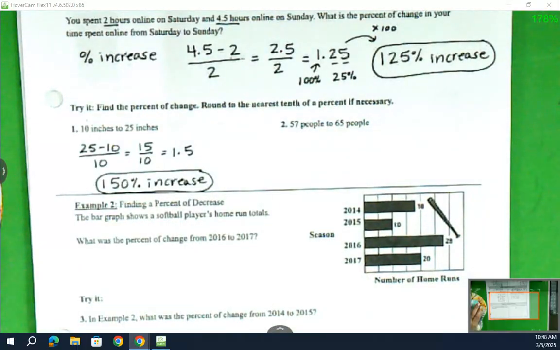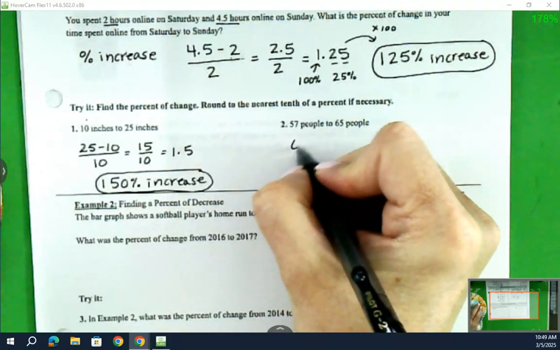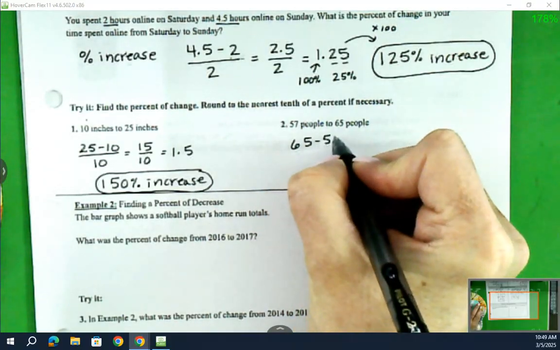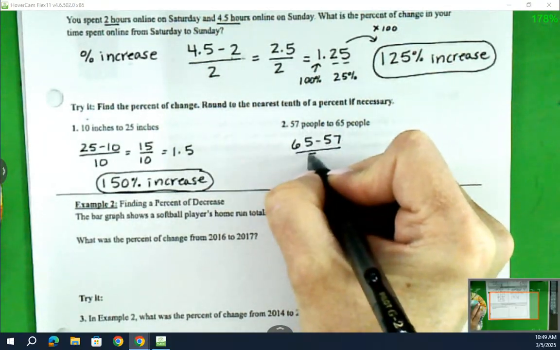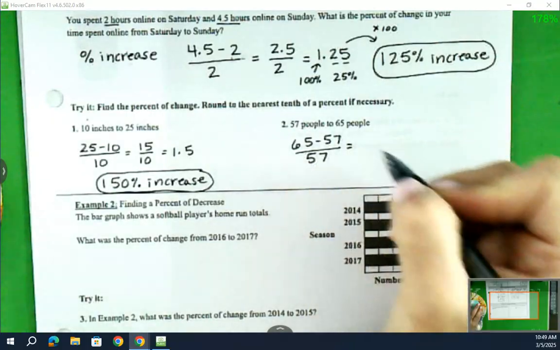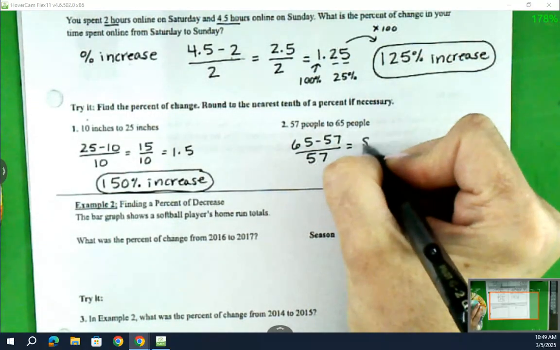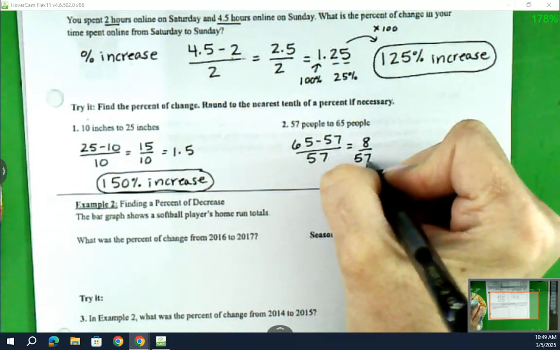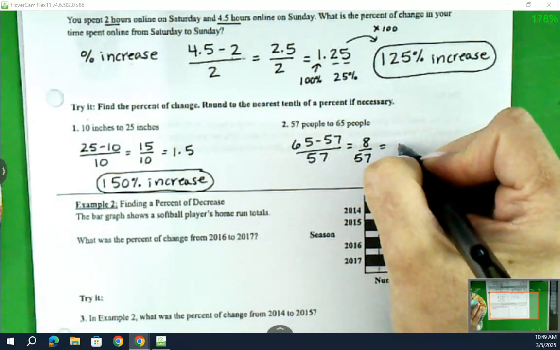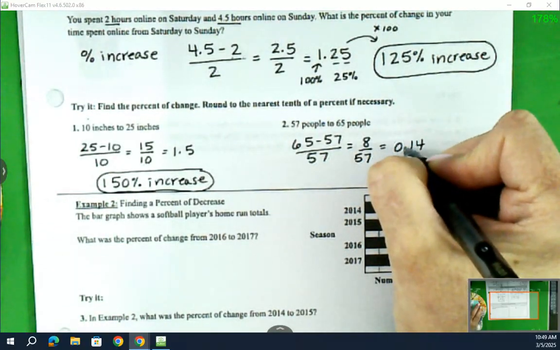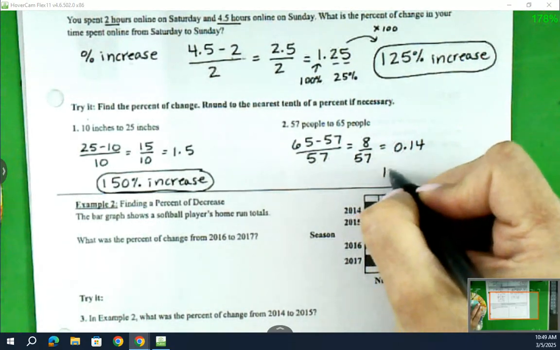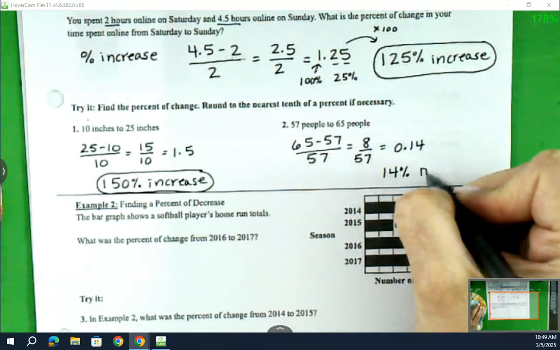Okay, looking at number 2, we have 57 to 65 people. 65 minus 57 over our original 57. We definitely have an increase here. This works out to be 8 divided by 57, which is 0.14, which means 14% increase.